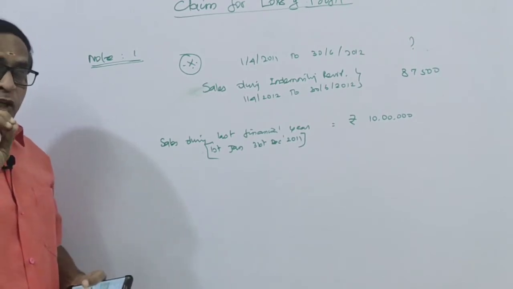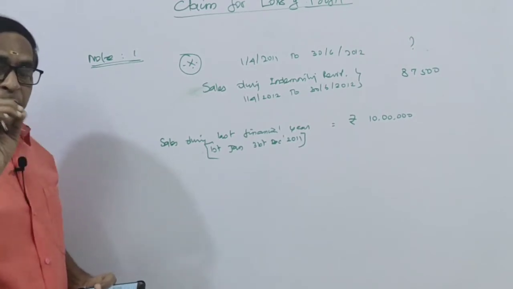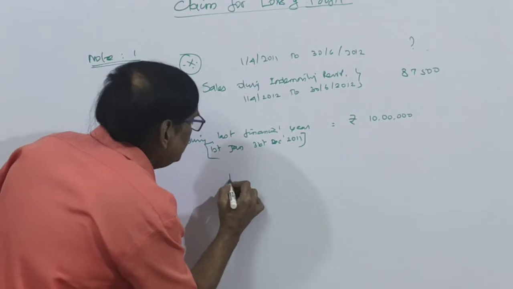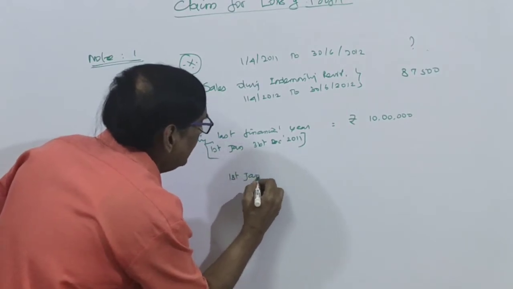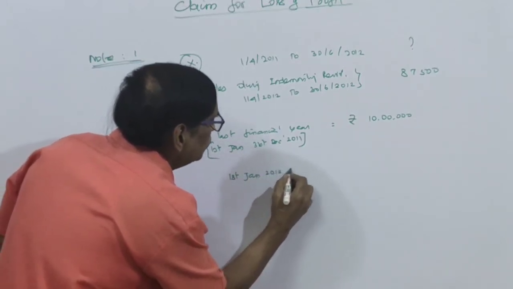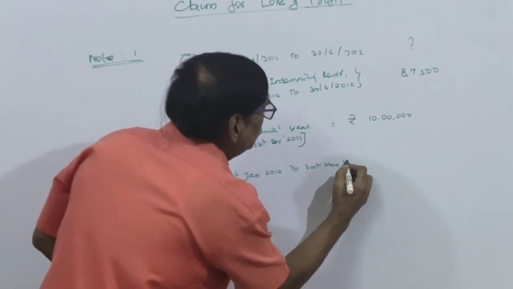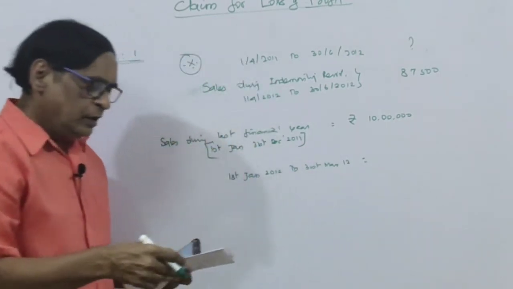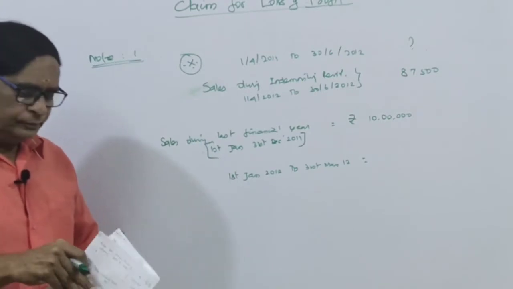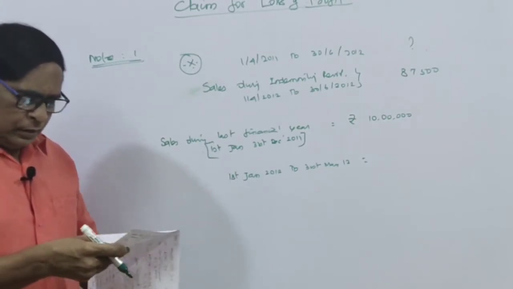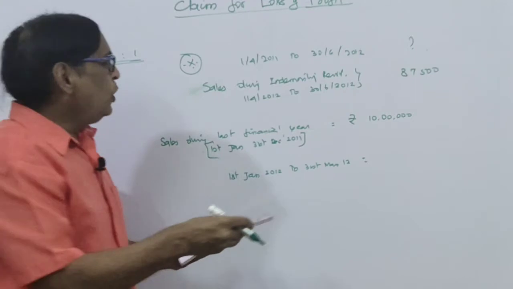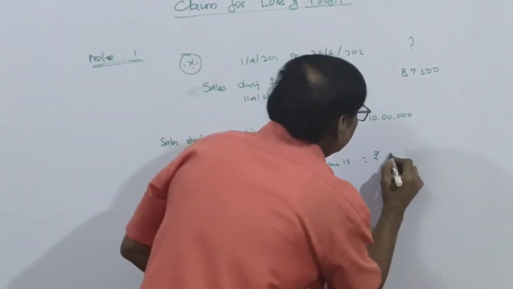One more sales figure is given in the question paper. Please find out 1st January 2012 to 31st March 2012. It is given. How much is it given? 2,50,000 rupees.